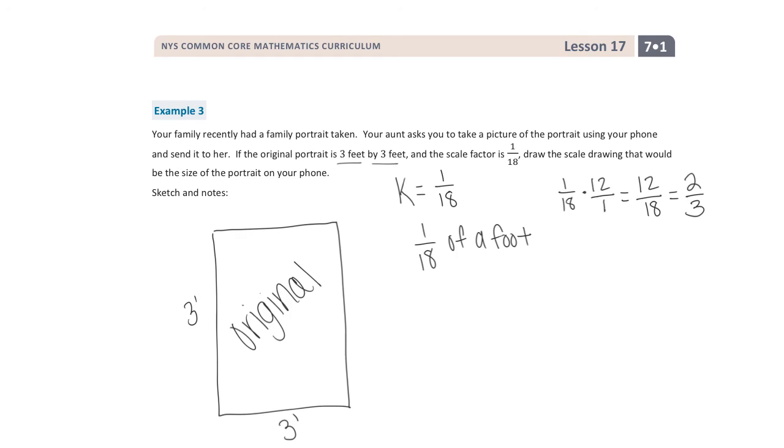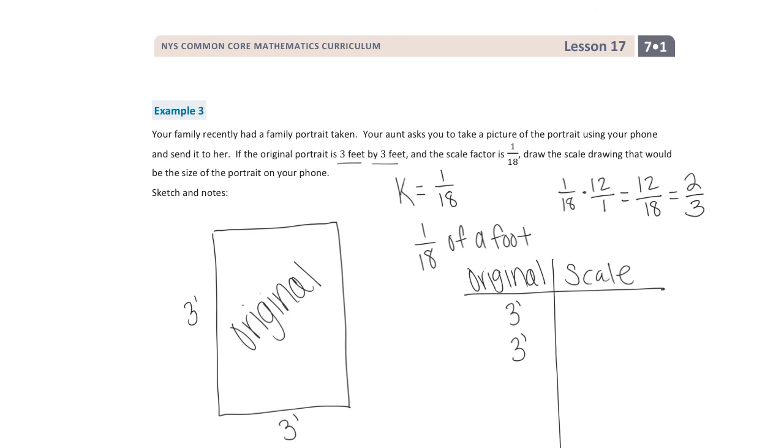Let's set up our chart. Okay, so we have our original, which is this lovely rectangle over here. And then we have our scale, which is what we're trying to figure out. So for original, we know that we have 3 foot by 3 foot.